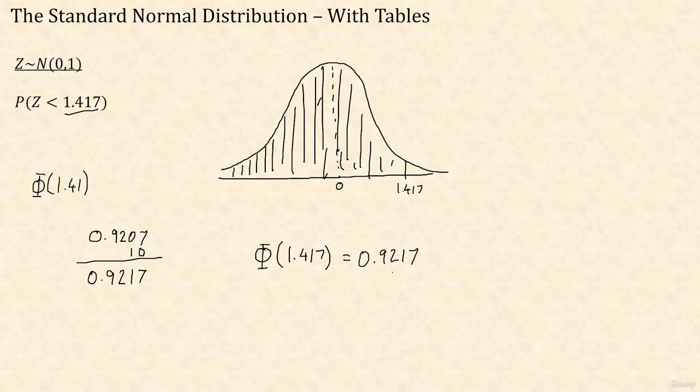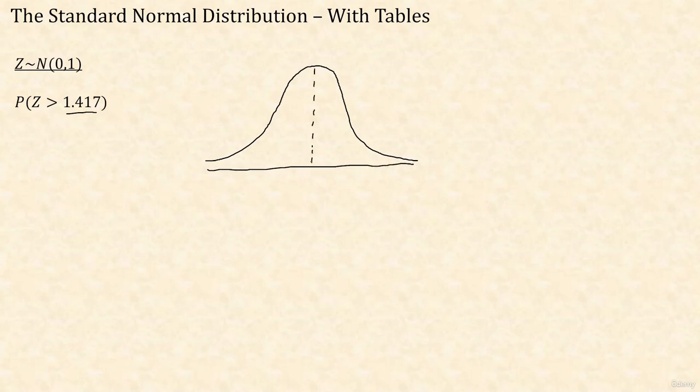All right, how about this one? Same z value, but now we're looking at the probability of being greater than that. Well, this is where you really need the sketches, because this just stops you making any silly errors. Here's the 0 point. Here's 1.417. Now we want the probability of being greater than that point. We don't need to bother with tables here because we already know the probability of being less than that point.